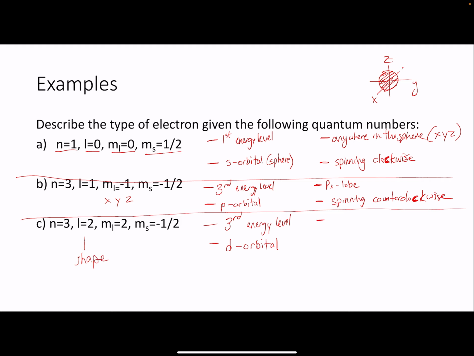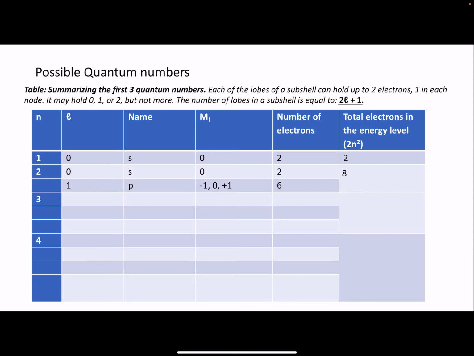The third one, +2 value, if you go back to that other image, tells us it's on the dxy lobe. That lobe is a little bit bigger than the px orbital. And then because it's negative, you should be able to recognize that it has a counterclockwise spin. So that's the kind of information you can expect from these energy levels. You can pause, rewind, and rewatch it if you need to.